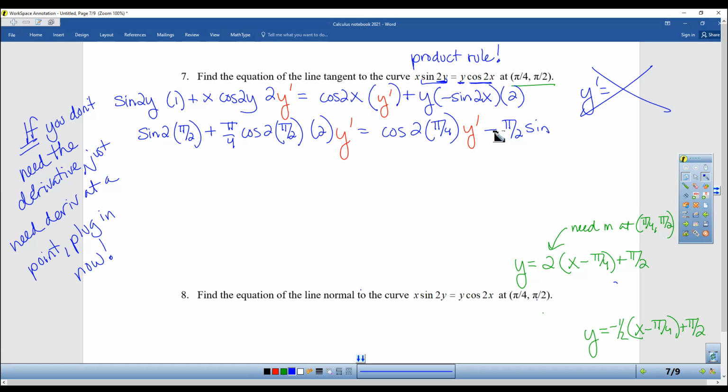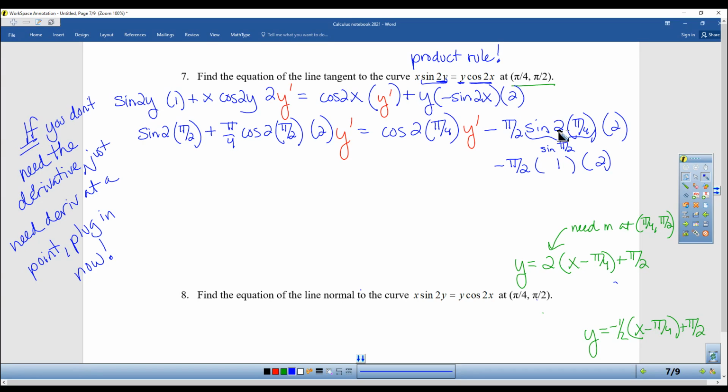Remember, I've already taken that negative, I've used it. Minus 2 times sine of 2 times x pi fourths times 2. Now be careful, this goes together. The 2 is separate. It's sine of 2x. So this is really sine of pi halves, and sine of pi halves is 1. So this is negative pi halves times 1, and then times 2.